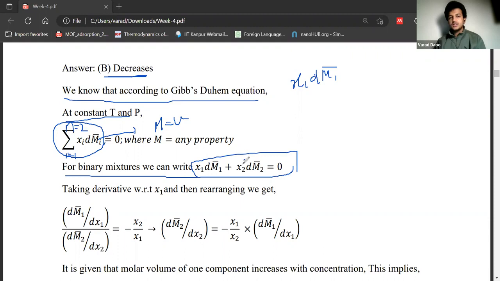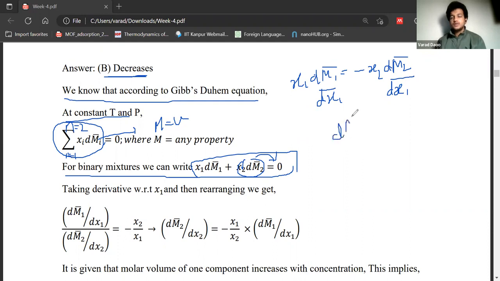We just take this term to this side, so it is equal to minus x2 dm2 bar, right? Then we divide both sides by dx1, right? Then we take this to this side.